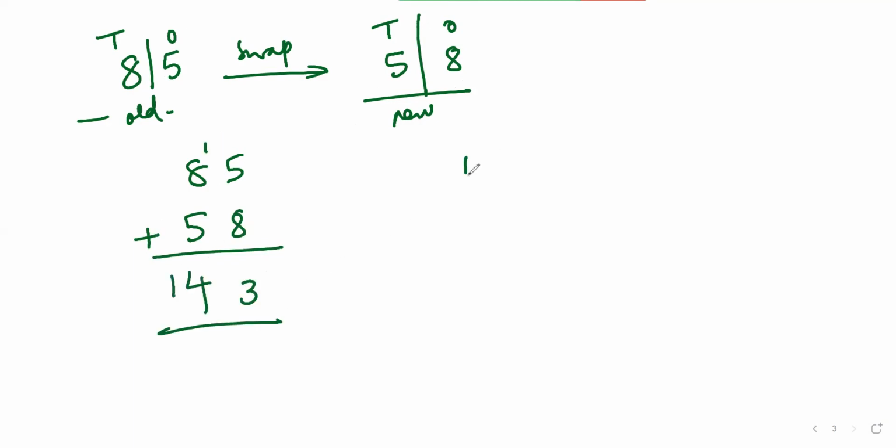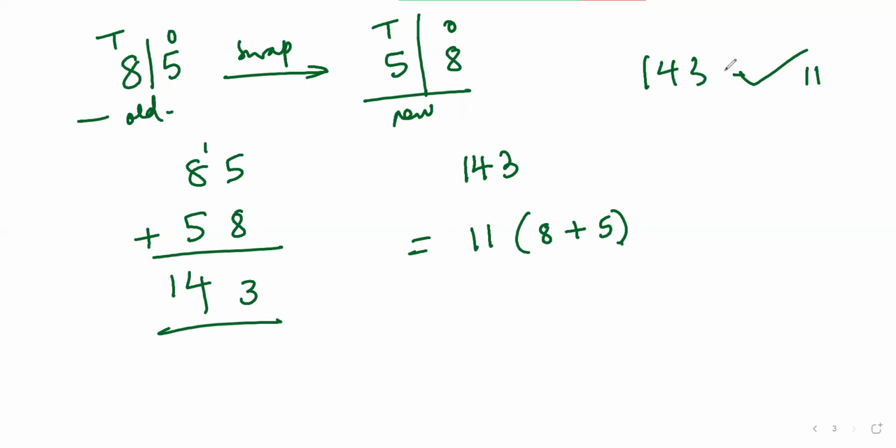143. Now 143, I can write 143 as 11 times 8 plus 5. That means 143 is divisible by 11. 11 13s are 143, isn't it? 143 is also divisible by 8 plus 5, which is 13.